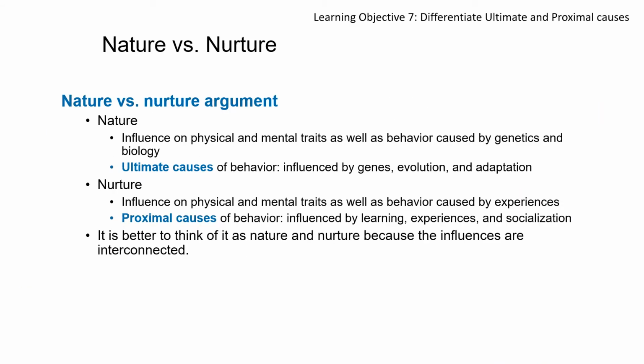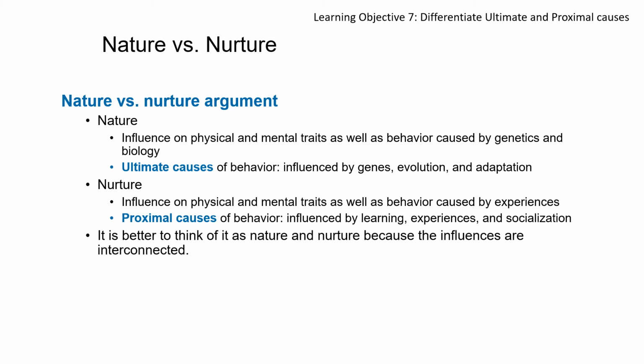So we shouldn't talk about evolution without at least examining the nature versus nurture argument. The nature side says that the influence on physical and mental traits as well as behavior is caused by genetics and biology. It's basically just caused by our genes.